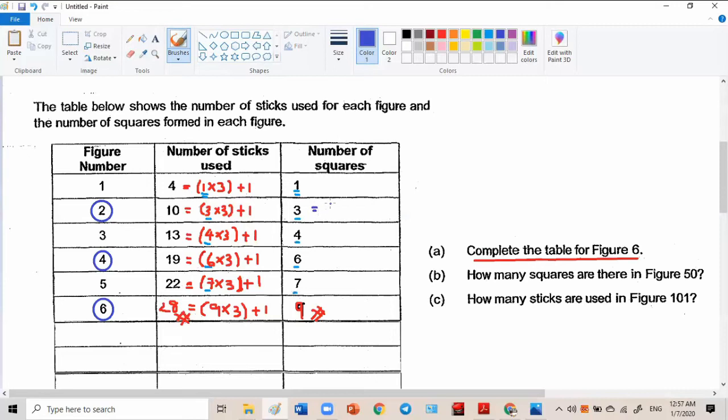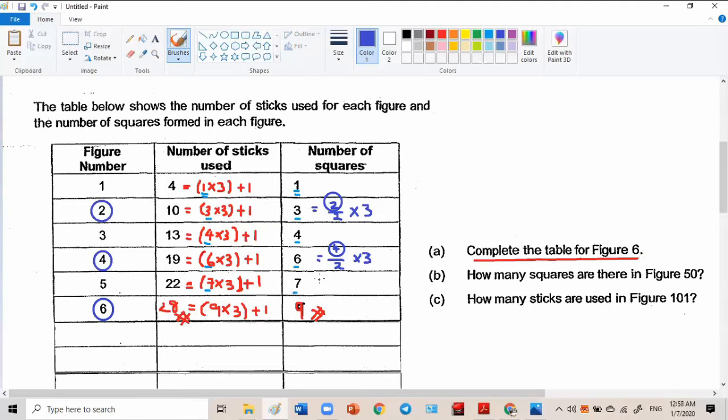2 divided by 2 times 3. All right, the number 2, divided by 2, which is 1, times 3. How about this? Take the number 4, which is this number. See the circle here? Take the number 4, which is the figure number here. 4 divided by 2 is 2, times 3, is equal to 6.